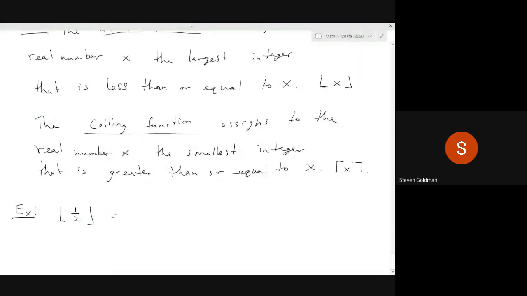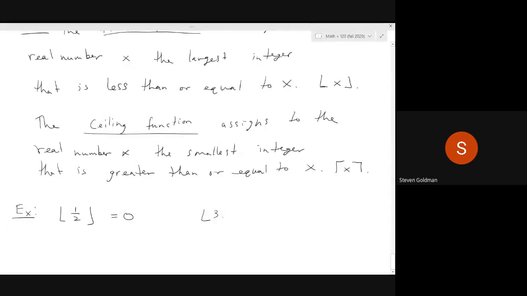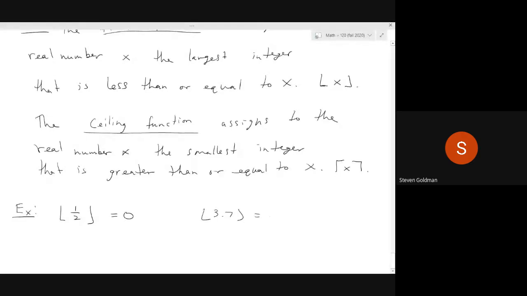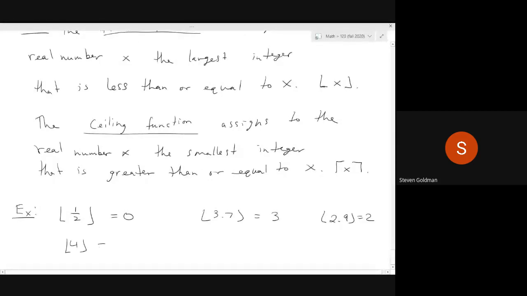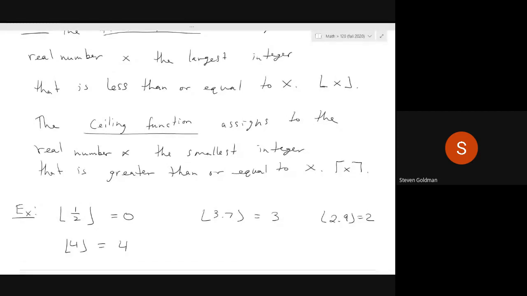Right, this is equal to 0. So in other words, with the floor function, we're always rounding down to the closest integer. Okay, if I plugged in 3.7 into this thing, I would get 3. If I plugged in 2.9, I would get 2. Okay, so we're always rounding down. If I plug in, let's say 4 into this thing, I would get 4, right? Because it's less than or equal to. So if it's an integer, it stays the same.